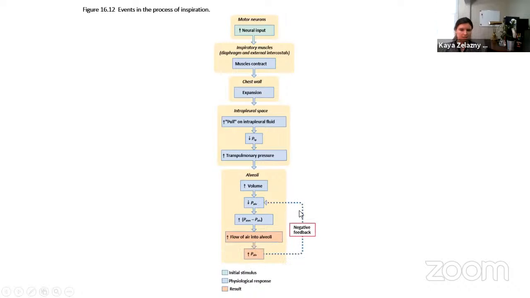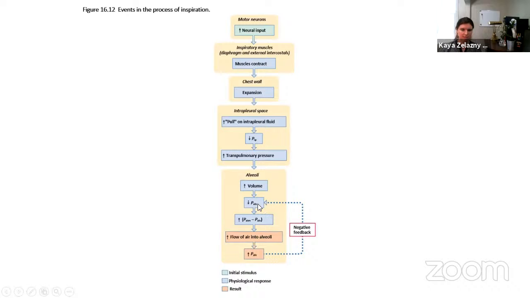And we have a little baby negative feedback loop here because as we have flow of air into the alveoli, we are then increasing the pressure in the alveoli because pressure is directly related to our number of moles of air in the lungs, so our n, right?